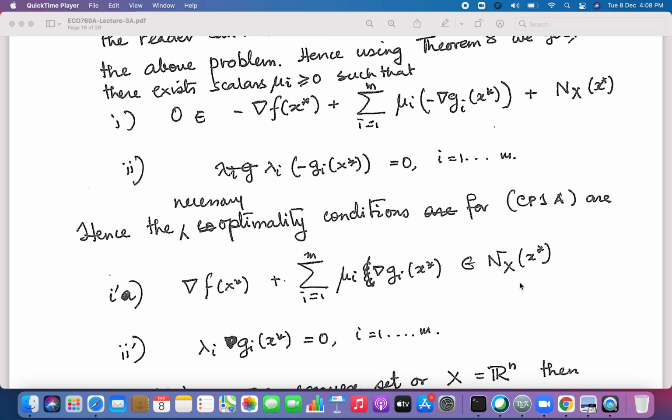Suppose the g_i's were not there, it would become grad f(x star) an element of N_X(x star), the one which we had learned for maximizing the function over any arbitrary set C. That is what you will get.